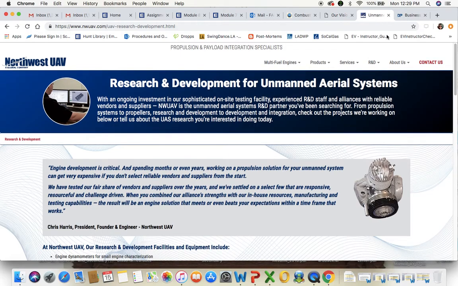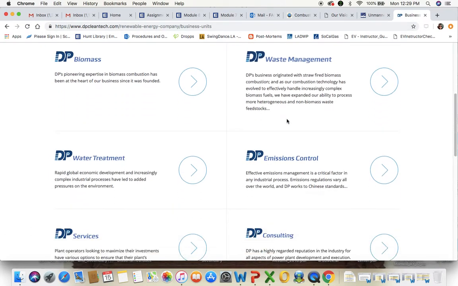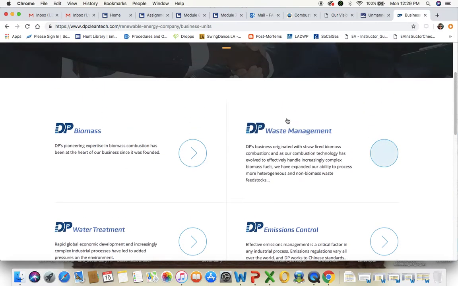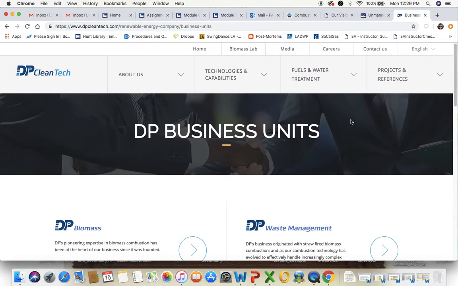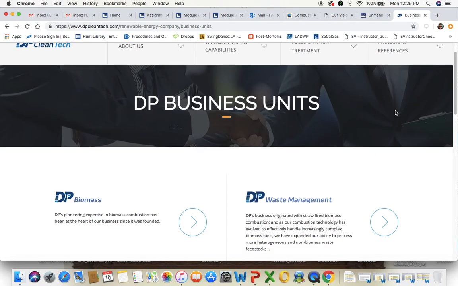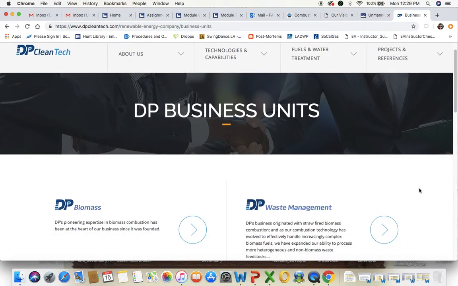But I feel like just by looking at this website, DP Clean Tech, I'm going to use this as a client example because I feel like they might be in more need of money. They're working on this biomass combustion technology, and they're interested in clean energy and clean tech.